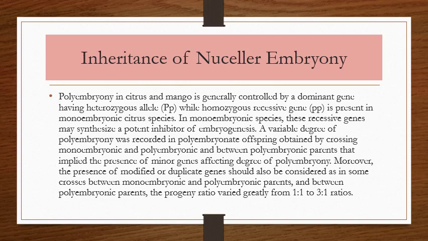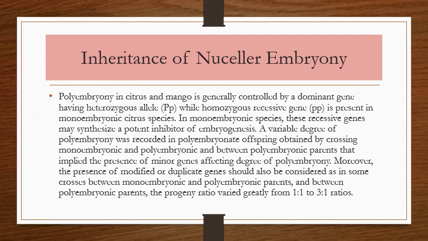Moreover, the presence of modifier or duplicate genes should also be considered, as in some crosses between monoembryonic and polyembryonic parents and between polyembryonic parents, the progeny ratio varied greatly from 1 to 1 or 3 to 1 ratios.